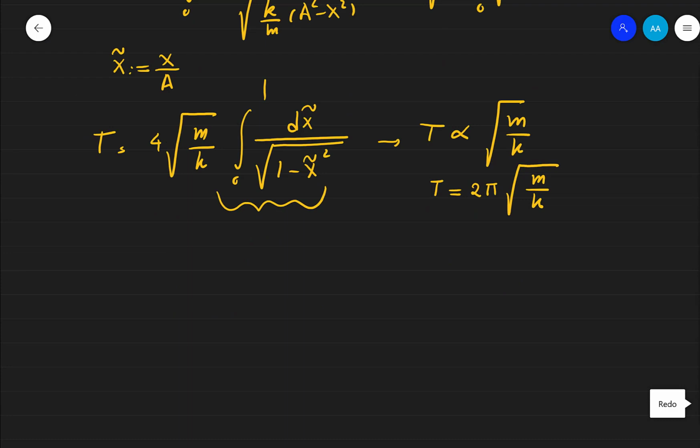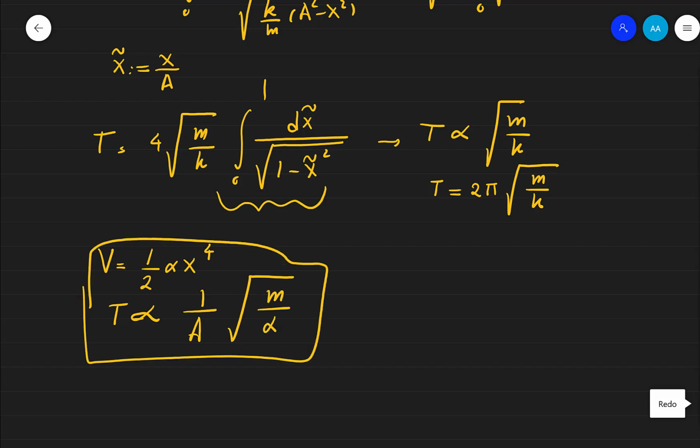For a non-harmonic oscillator, when the potential is, for example, in the form 1 over 2 alpha x to the power 4, you can show that the period of oscillation is proportional to 1 over the square root of m over alpha. For this case, the period of oscillation depends on the amplitude.